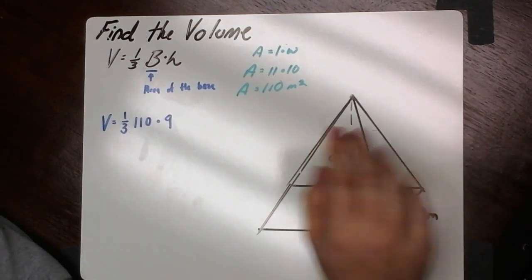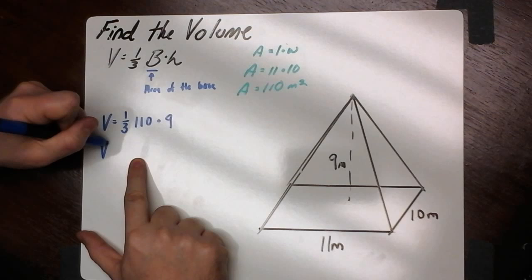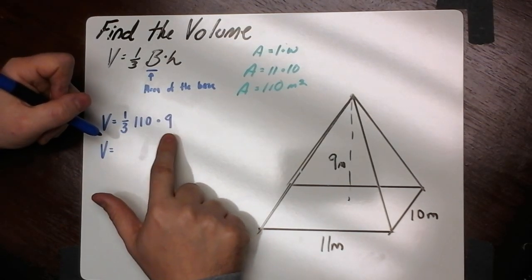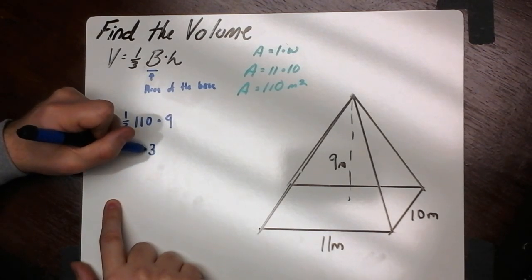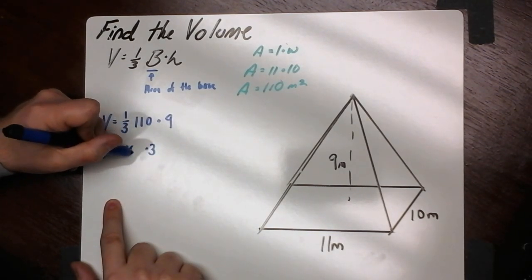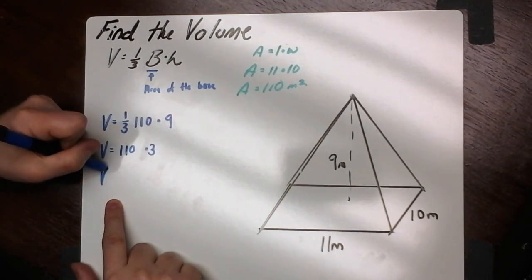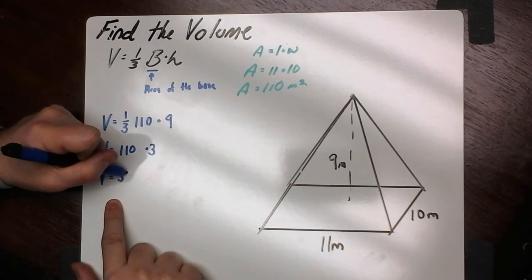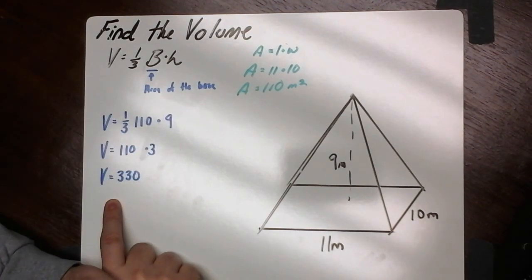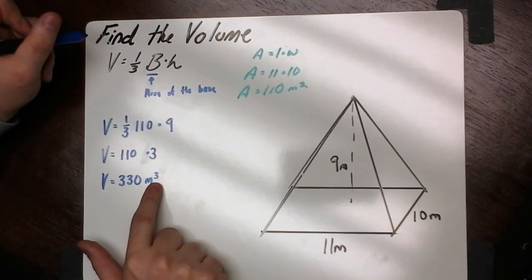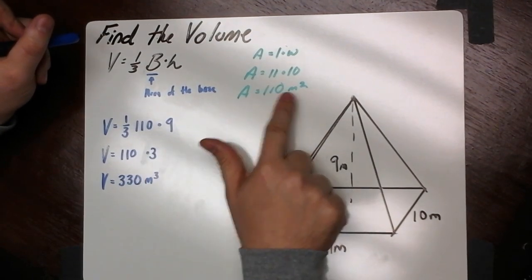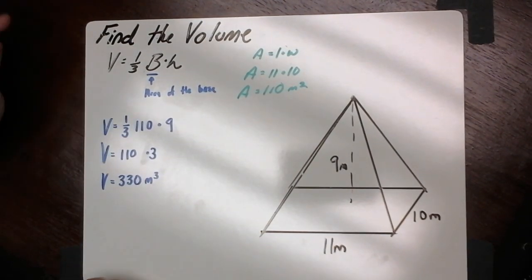Because 1/3 times 9, or 9 divided by 3, is 3 times 110. So that's going to give me 330. Now, that's it. And this time, it's meters cubed. Okay, 3-dimensional, 2-dimensional. Just worth comparing.